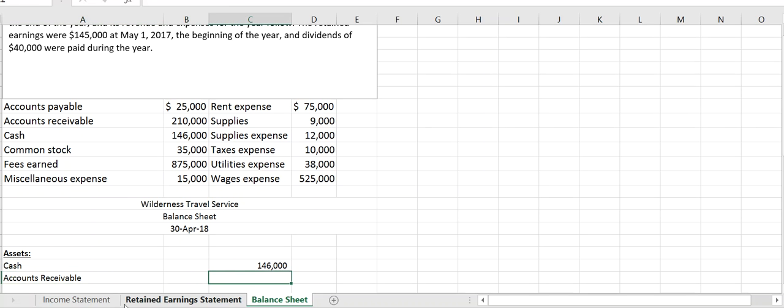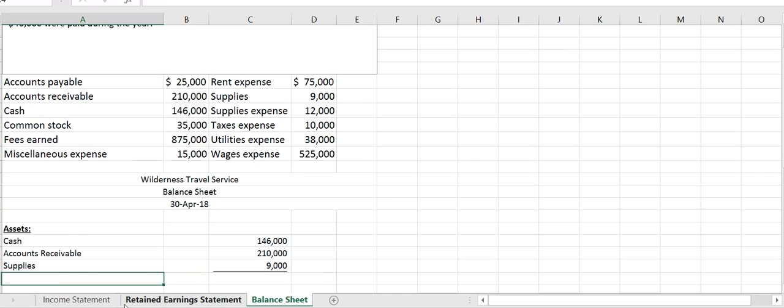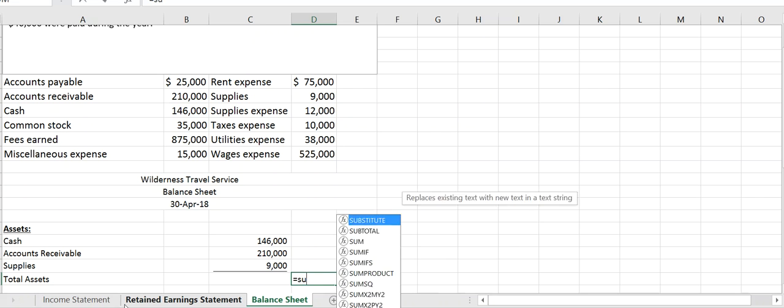It's the next most liquid asset because what we are in fact waiting to receive from our customers is in fact cash. We've already provided the service to the customer. We've already earned the revenue. We're just waiting for them to pay us. And finally, we have our supplies. Our supplies are assets to us until we use them to help run and operate our business. So we're going to sum those together to get our total assets for this period.